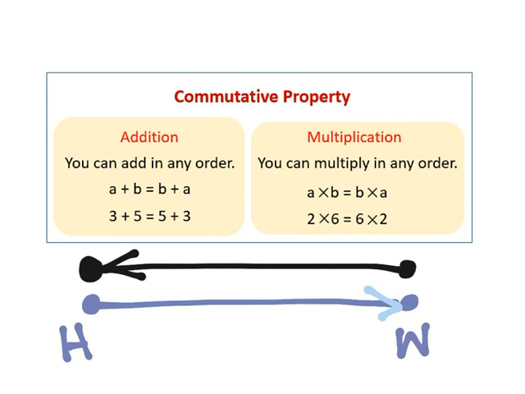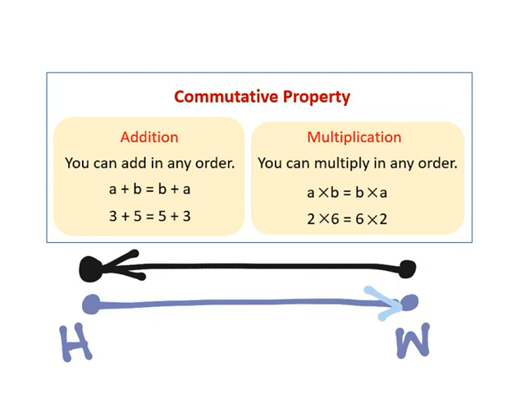Just like when I'm driving to work, it's the same distance one way, going from my house to my job, as it is going the opposite way from my job to my house. And there are some examples there with actual numbers to help it make more sense.